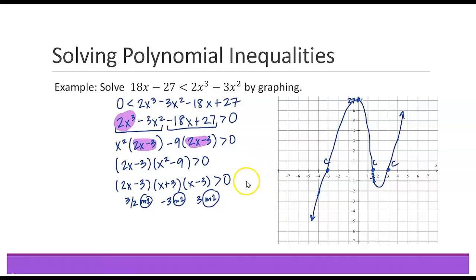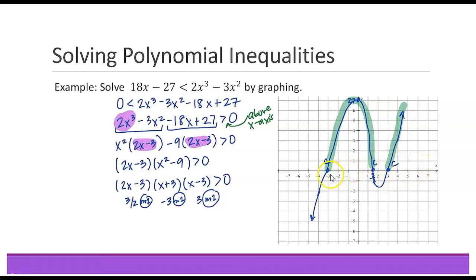So what we are looking for is, where is this polynomial greater than 0? If I do this by graphing, the way that I want to think about it is, where am I above the x-axis? Greater than 0 is above the x-axis. So if we highlight those regions, I'm above the x-axis between these 2 x-intercepts, negative 3 and 3 over 2, and I'm above the x-axis beyond this x-intercept of 3.